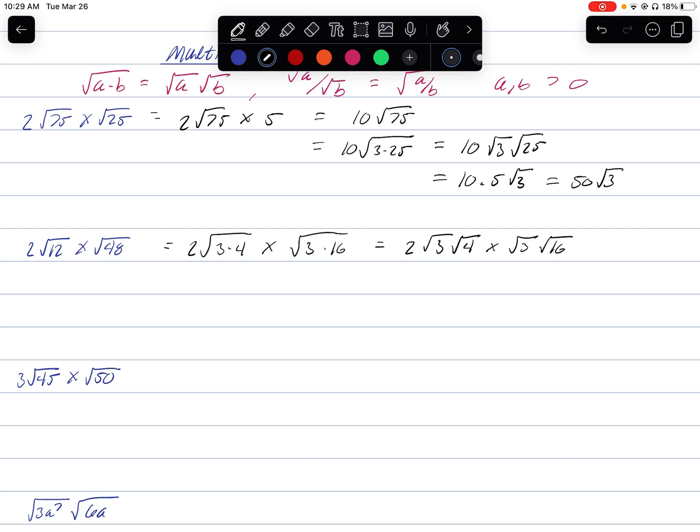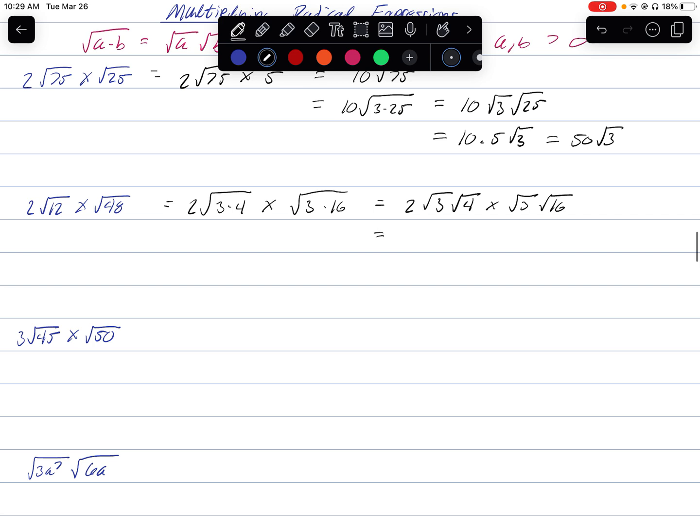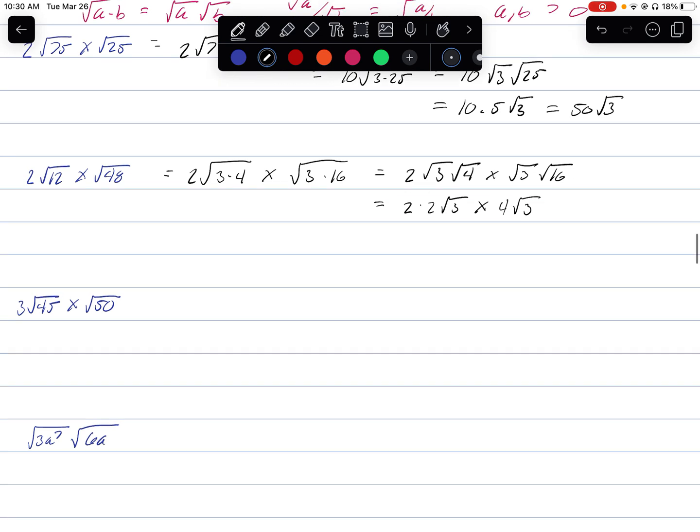Now we have a couple of square roots of perfect squares, so we can go ahead and simplify those. The square root of 4 is 2, so we have 2 times 2 times the square root of 3. And the square root of 16 is 4, so we have 4 times the square root of 3.